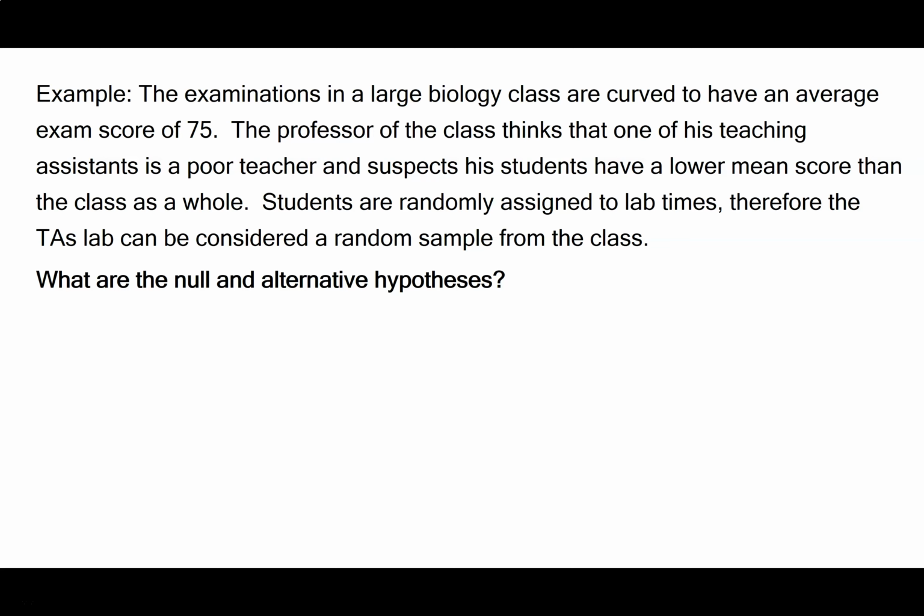So any difference in their scores we could really blame on this TA, which seems really kind of crappy. But that's our question here. What are the null and alternative hypotheses? Starting off, we're looking at exam scores. It makes sense to average them, so we're going to be looking at a mean. So we want mu specifically.